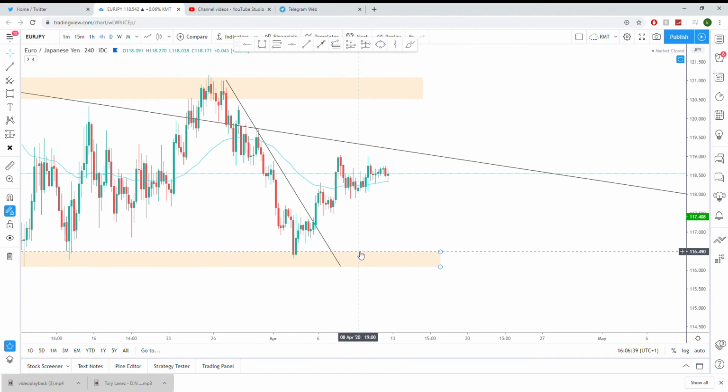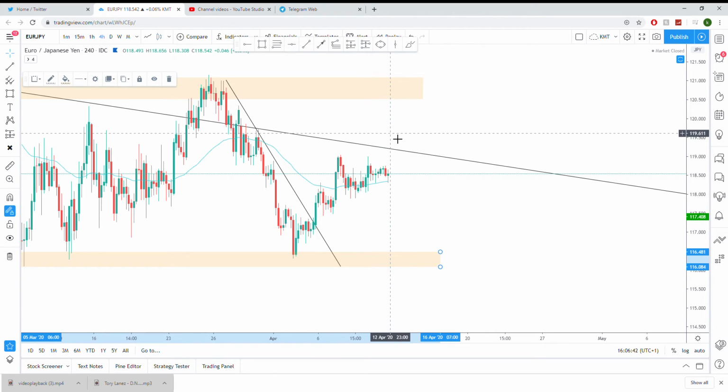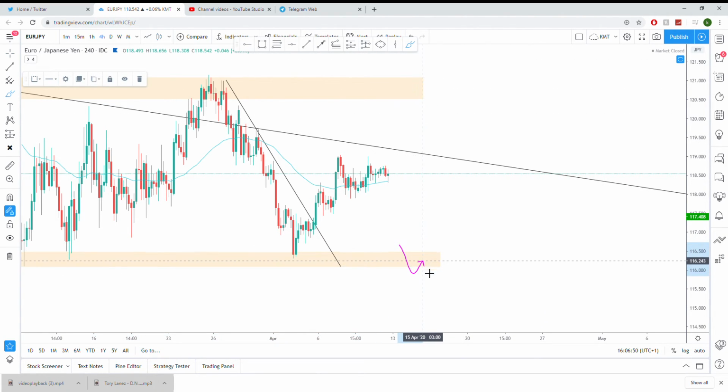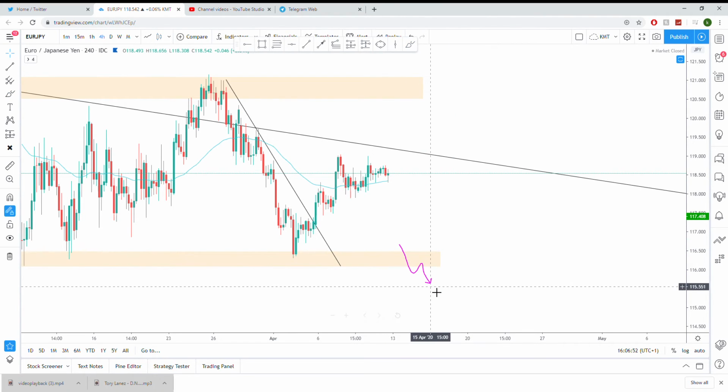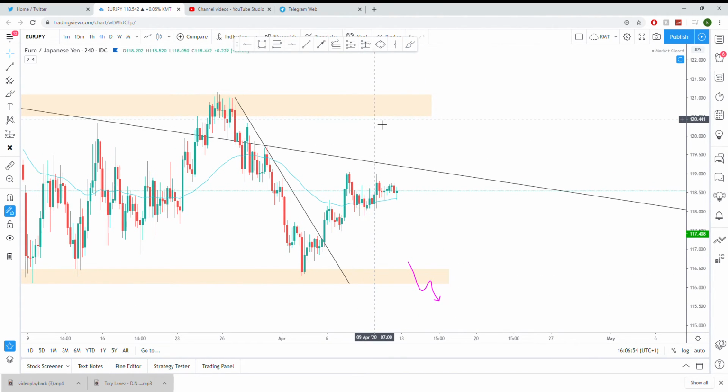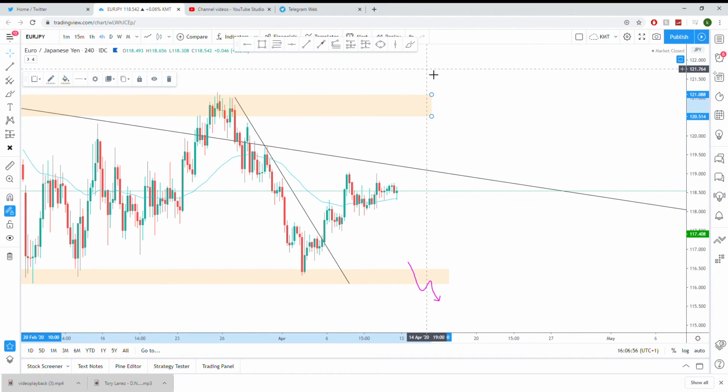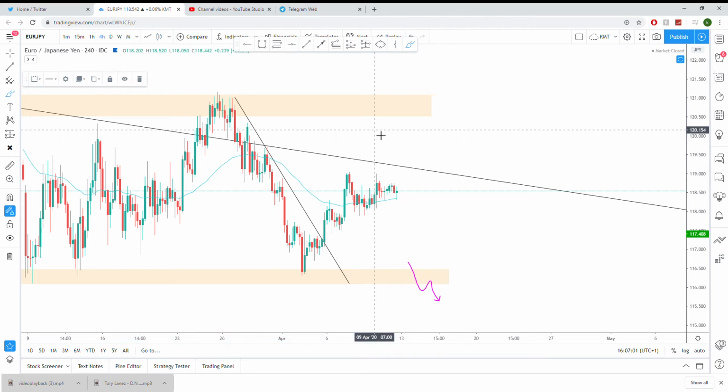So what I will be looking for is a push to the downside. So this range at the bottom is at 116.084 to 116.481. Again, push to the downside, the pullback, and the push to the downside. Again, if we do come to the upside, it's at 120.5 to 121.088. Same thing again, but reversed.